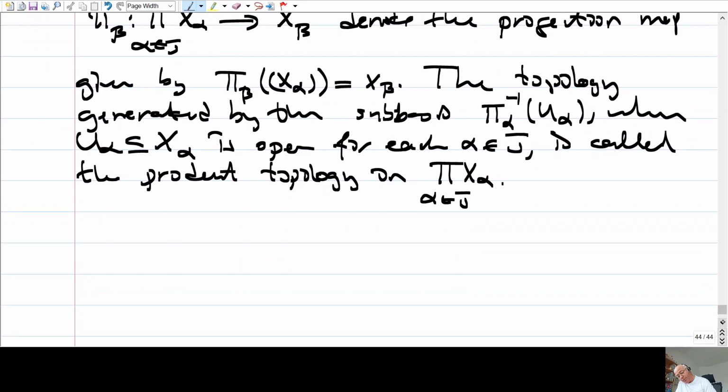Okay. So my sub-bases are the inverse images of open sets under the projection maps. Okay.